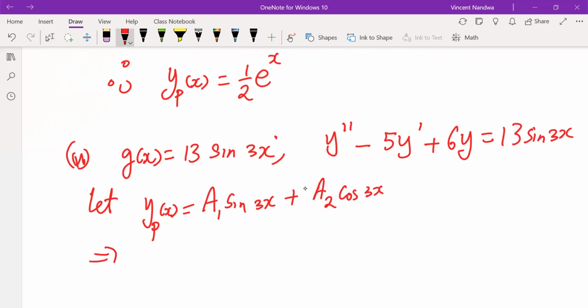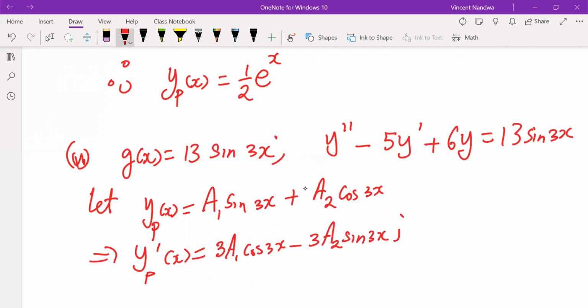So the derivative of this will be 3a1 cos 3x minus 3a2 sine 3x. And the second derivative will be minus 3 times 3 is 9, a1 sine 3x minus 9a2 cos 3x.